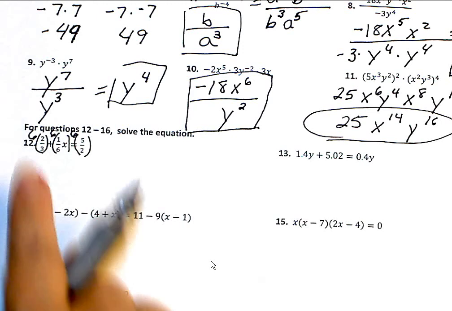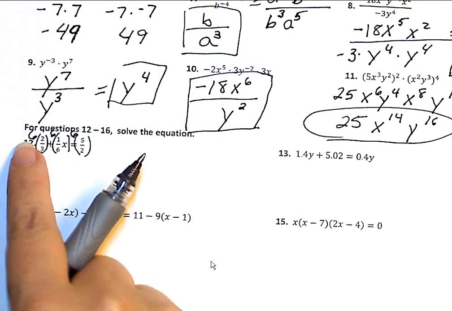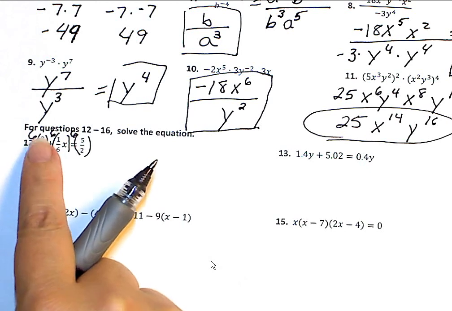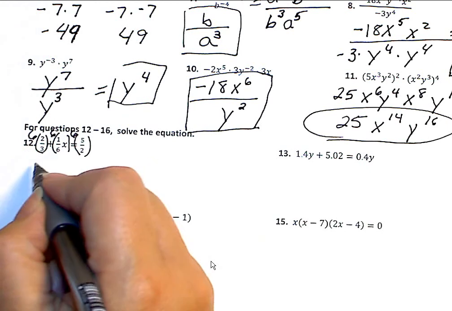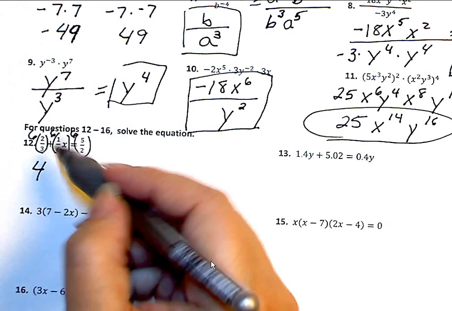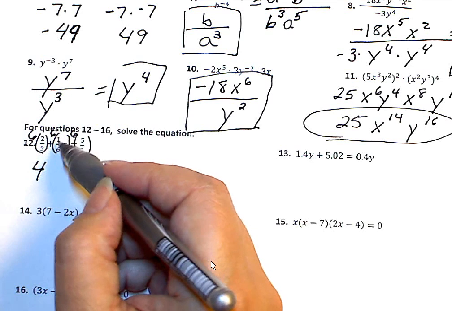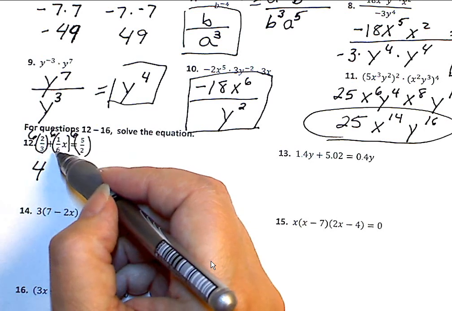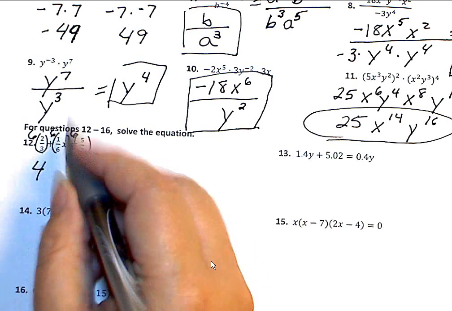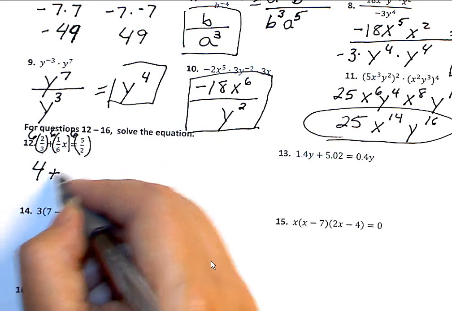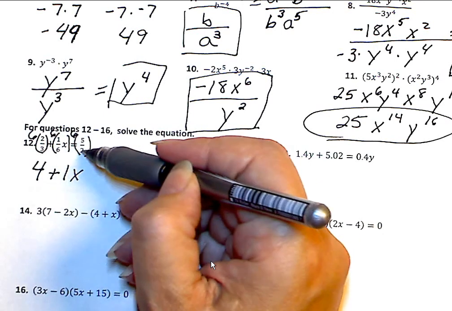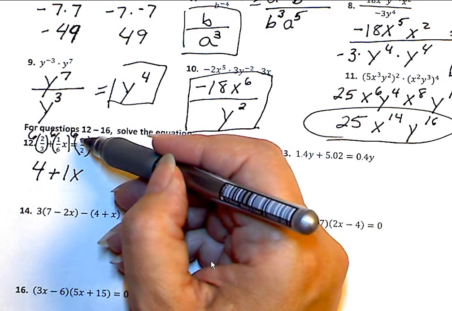So then we have 6 divided by 3, which gives me 2, times 2 gives me my 4. So 6 divided by 6 is 1, and then times it by 1, you have a 1x. 6 divided by 2 is 3, so 3 times my 5 is 15.